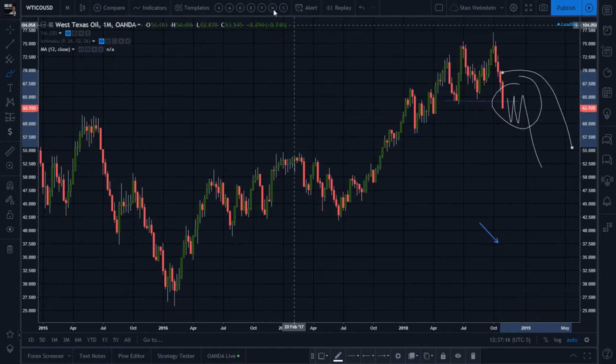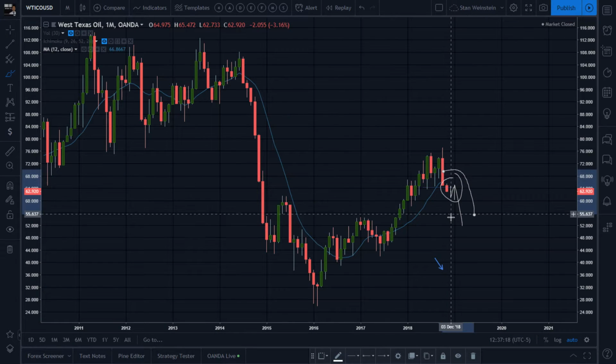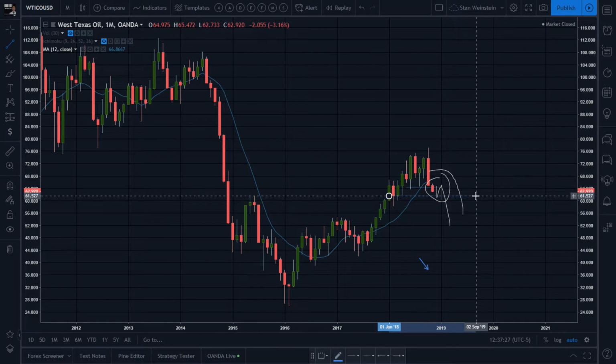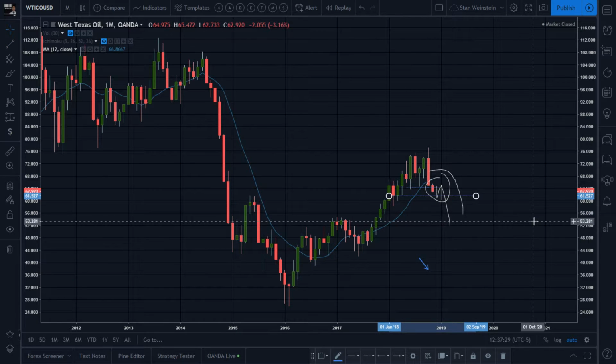Just want to go back on the monthly. Where's my breakdown line on the monthly? Okay, broke down from this big pattern, but my next line of support is right here, 61.50.